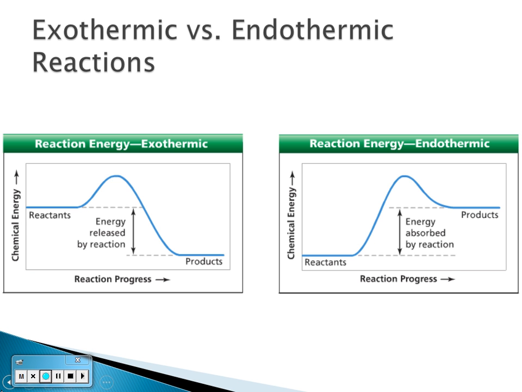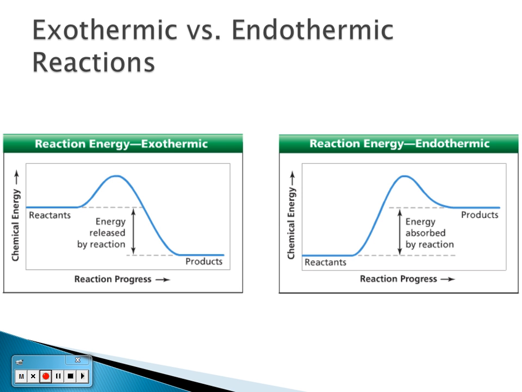Let's analyze it. Y-axis, chemical energy. X-axis, reaction progress. So we can think of it as time, too, if we want to think about that, right? Reactants are here, products are here. What is the graph telling you about the energy of the products versus the energy of the reactants?